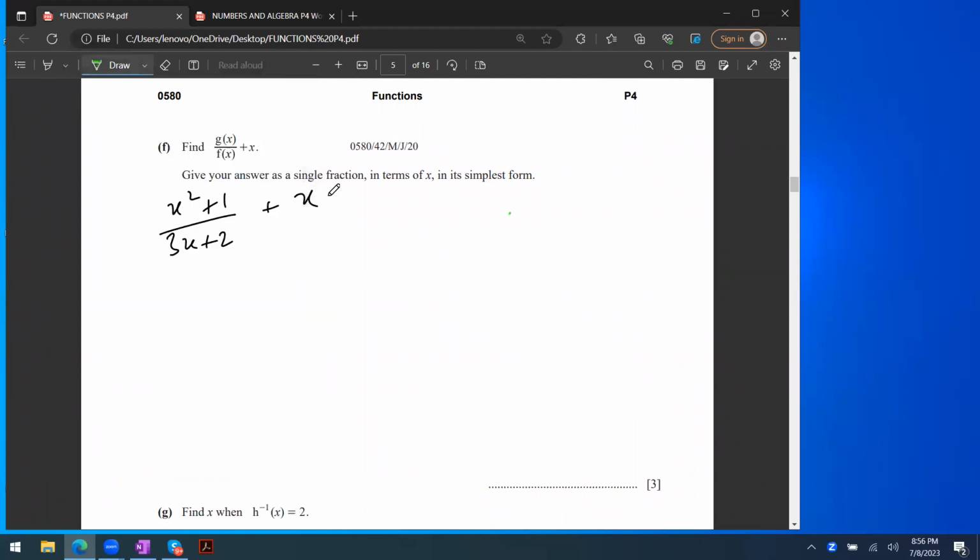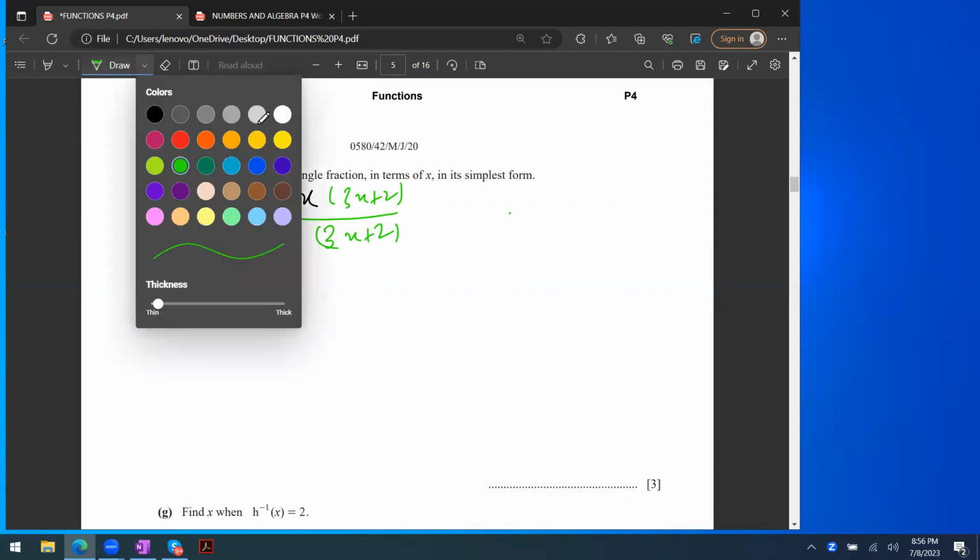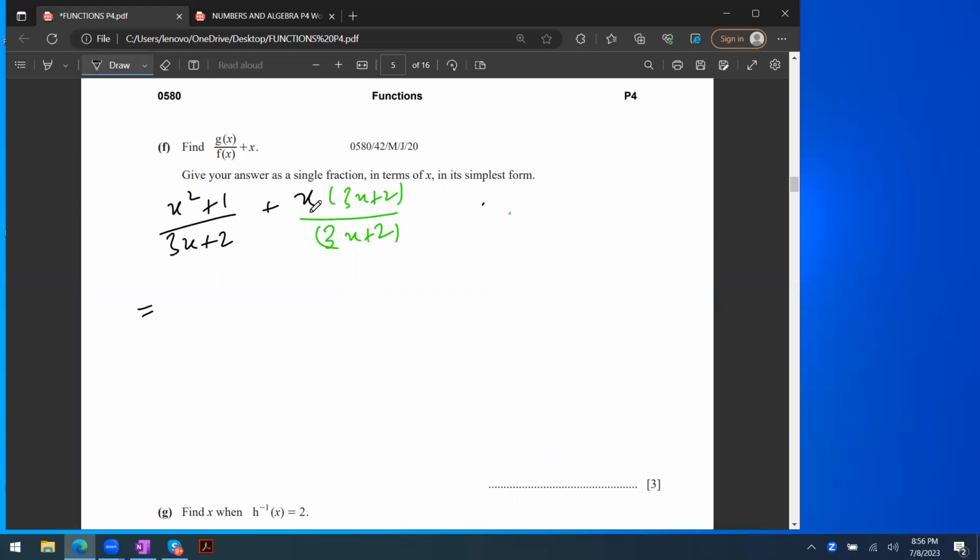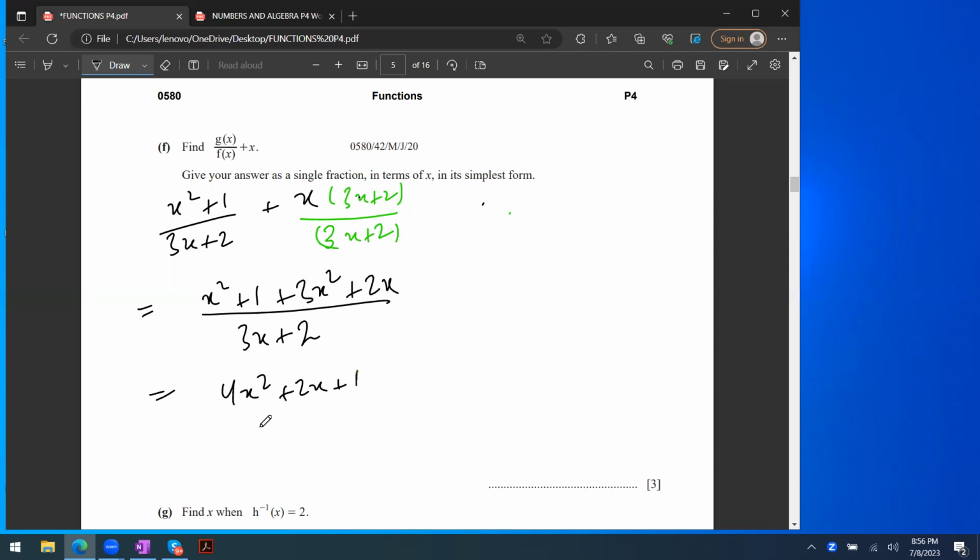So multiply and divide this with 3x plus 2, and the bottom also multiply with 3x plus 2, so that both have the same denominators. Then you can add the numerators and the denominator is the same. 3x plus 2 times x square plus 1, plus 3x times x, 3x square, 2 times x, 2x. Simplify: 3x square plus x square, 4x square plus 2x plus 1 over 3x plus 2.